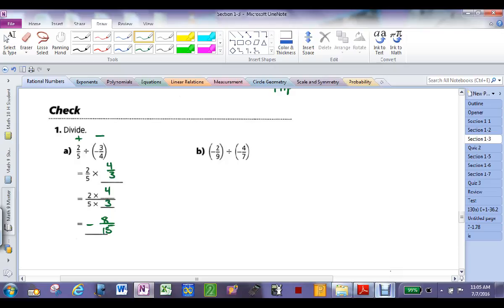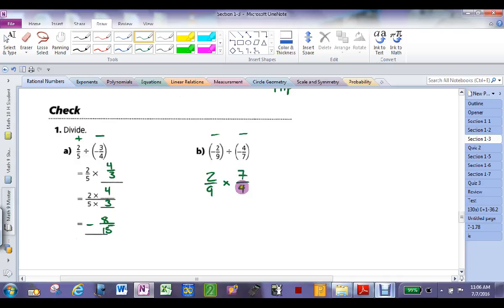Let's look at the next one. Step 1, check. Negative, negative. So what's my answer going to be? Positive. So forget about the negative signs, right? Step 1, do I change the first fraction? Nope. 2/9. What do I do to divide it by? Make it times. What do I do to the second one? Flip it. 7/4. Do 9 and 7 work together? Check diagonally. No. Do 2 and 4?